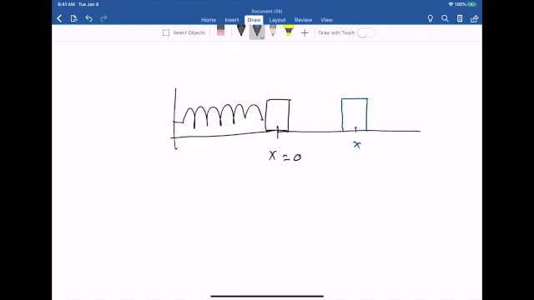Okay, what is the force? What is the restoring force? You know from a long time ago that the force exerted by a spring is given by Hooke's law, and the force F is equal to minus kx, right? So you can see that the restoring force here is just the Hooke's law force, and you can see right away that it is directly proportional to the amount of displacement. So this is an example of simple harmonic motion.